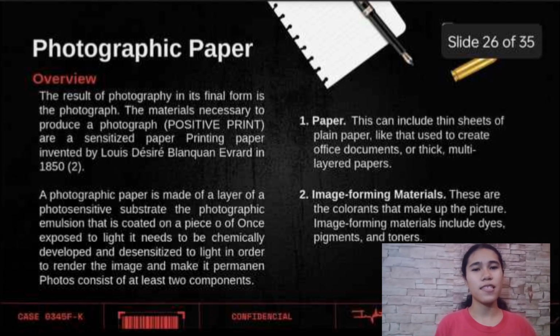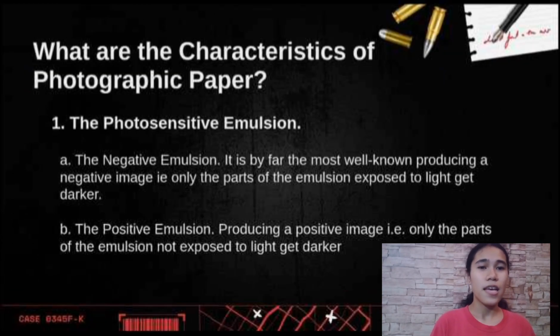First is the photosensitive emulsion. Sa photosensitive emulsion, naa tay duha, which is the positive and negative emulsion. The negative emulsion is by far the most well-known. Producing a negative image is either only the parts of the emulsion exposed to light get darker. So ang negative emulsion, no, murag katong itaas pa nimo para makita ang picture.